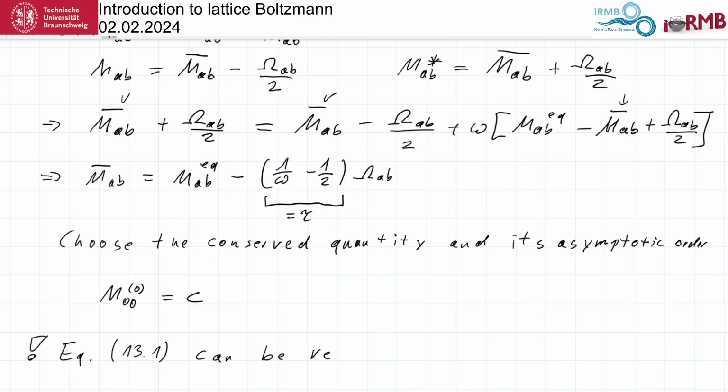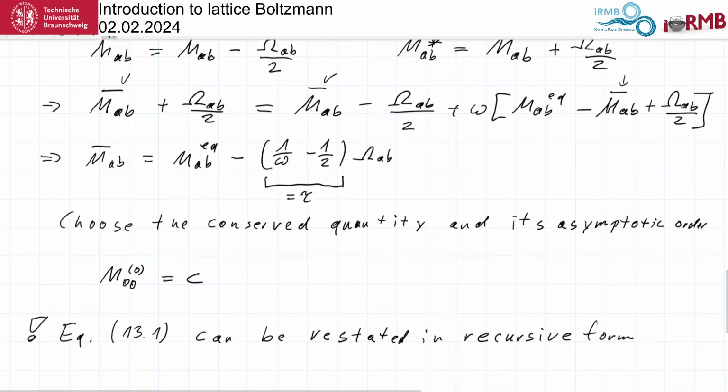This will help us at least a little bit. We write this in recursive form so that we come to the recursive asymptotic analysis.